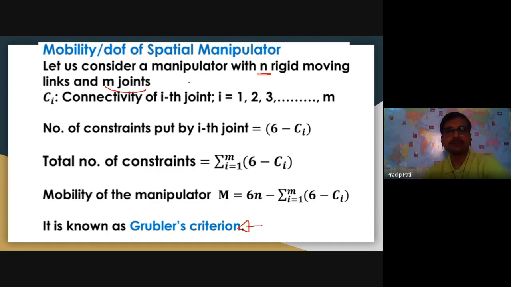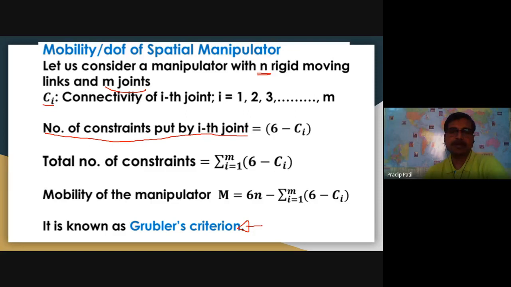We will look at that through an example. First, let us define the connectivity of the ith joint, where i equals 1, 2, 3 up to m. So m we have defined as the number of joints. So there are m joints with connectivity. So I can find out the number of constraints put by the ith joint.